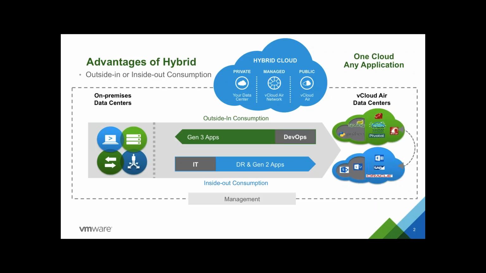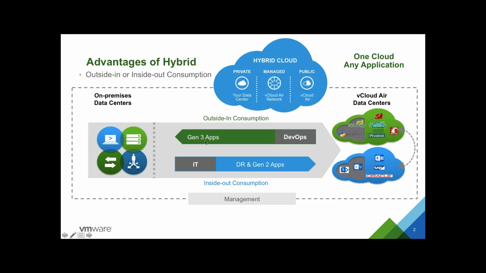That's what we call inside-out consumption. And as well as the development of cloud-native applications, the applications that have been developed in the cloud can be easily moved back into on-premise whenever that's necessary, with full compatibility and the same common management layer. That's what we call outside-in consumption.